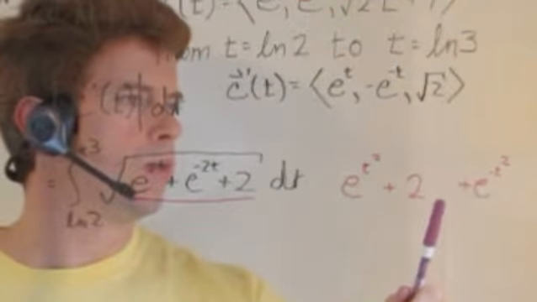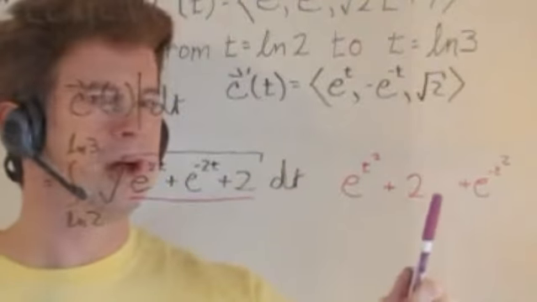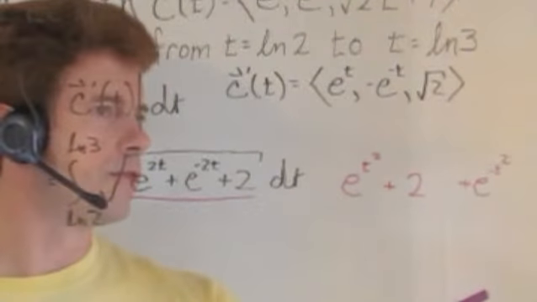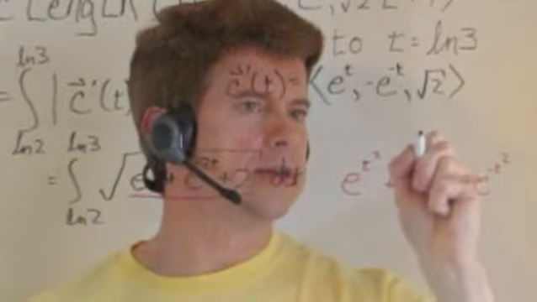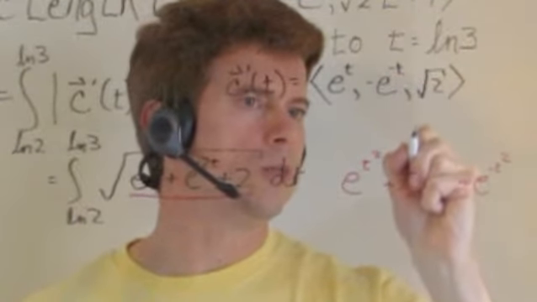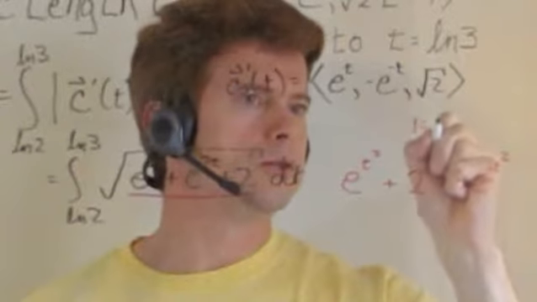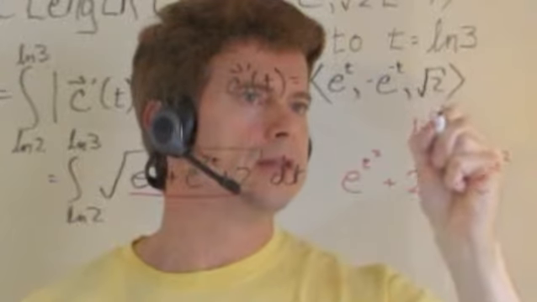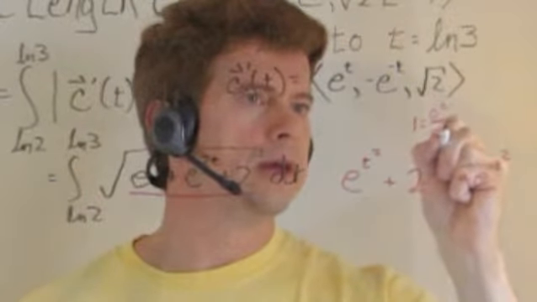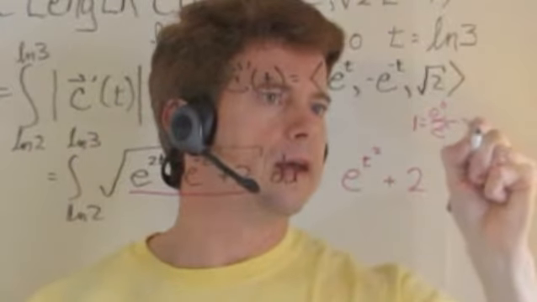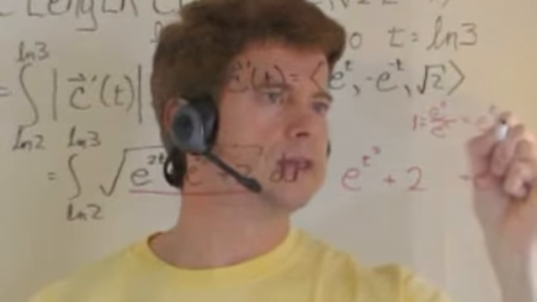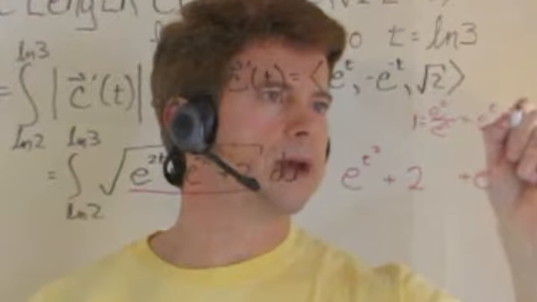What can we put in here in order to find something that we can solve? Well, in relation to e to the t, 1 would be equal to e to the t over e to the t, which is e to the t times e to the minus t.